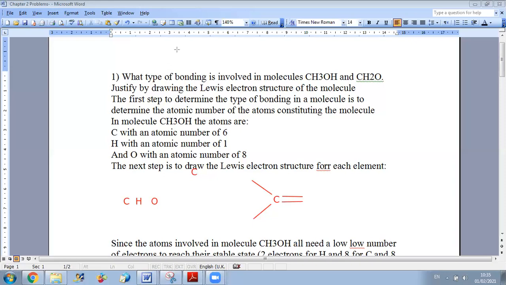So this is O. So here it's much easier than the first molecule. This is O, and since O still has 4 electrons that are not shared, I should represent them. So I can put them here: 1, 2, and 3, 4.